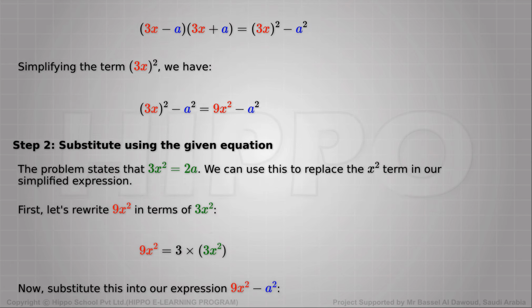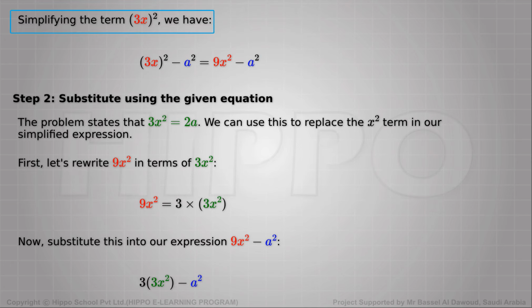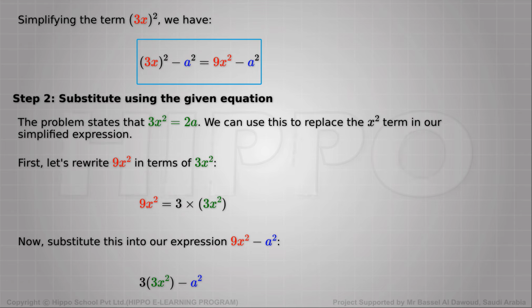The next small step is to simplify the (3x) squared part. It's important to remember to apply the square to both parts inside the parentheses, the 3 and the x. So 3 squared is 9, and x squared is just x squared. This gives us the simplified expression you see on your screen, 9x squared minus a squared.